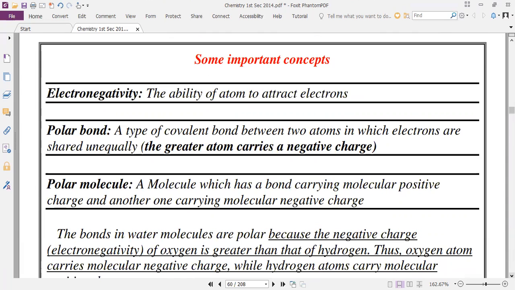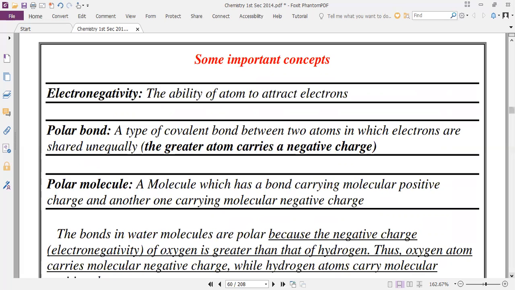So we have electronegativity. Do you remember the meaning of electronegativity? What is meant by electronegativity? We studied it in middle 2. In the periodic table, it's when the atom attracts the electrons.